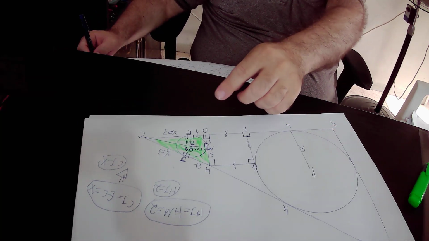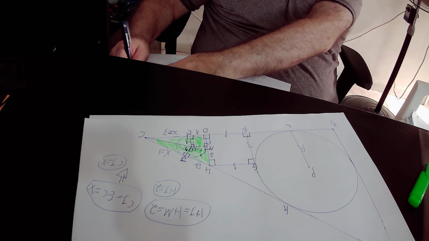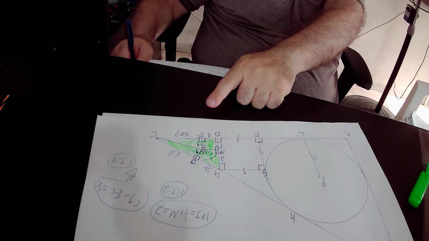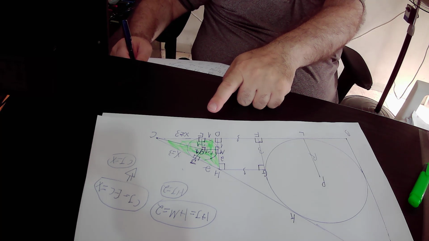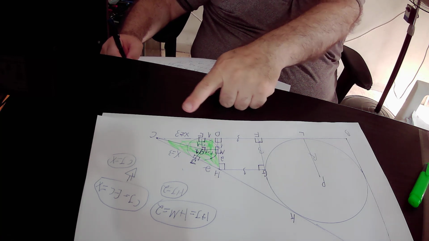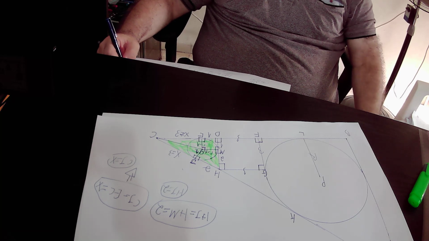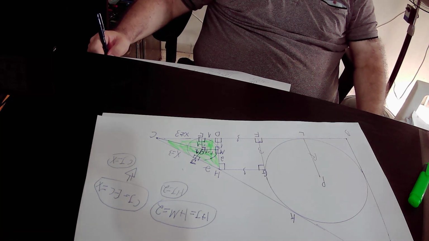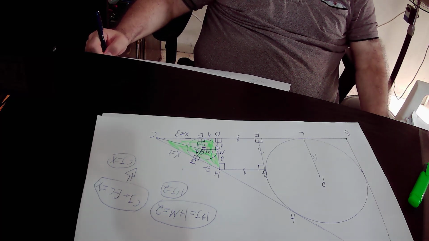So why can those two small green triangles go into each other? First of all, we just right now found out that CE is equal to CJ, and they are both equal to 3 units, and this is according to rule number 2.